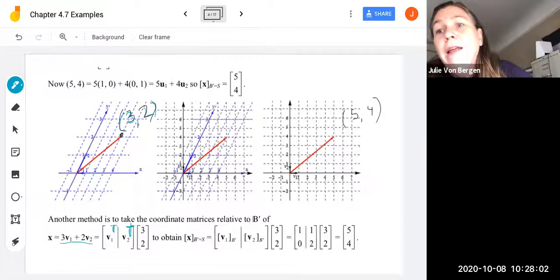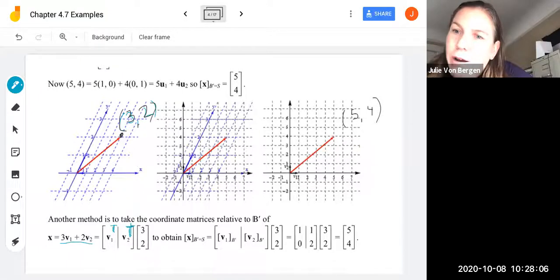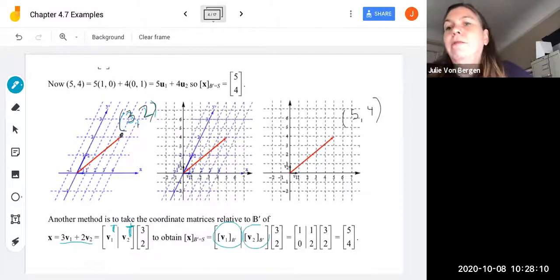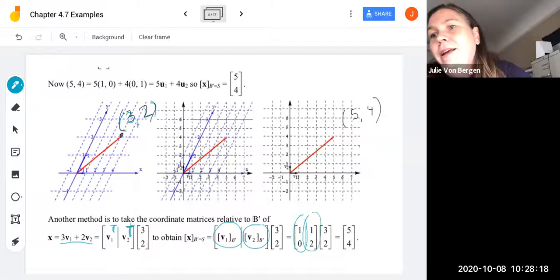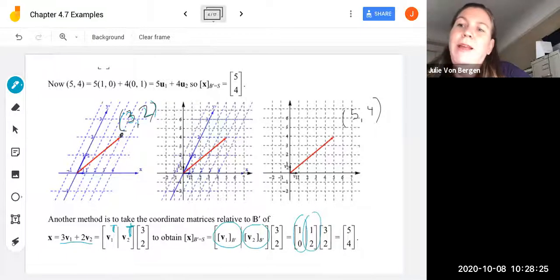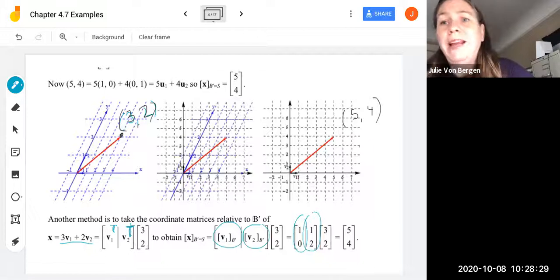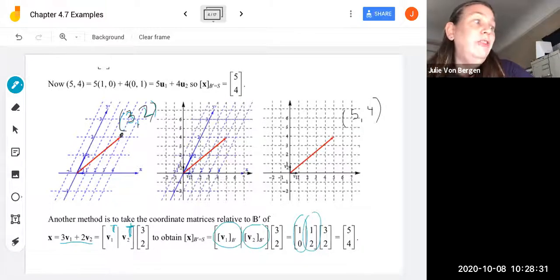And then we do that to obtain the values relative to B prime. So we can put in our V values here, (1, 0) and (1, 2). This is our non-standard basis. And then multiply that by our values (3, 2), and we get out our (5, 4). You can check the multiplication there. So you can see how we're going to be able to use matrix multiplication to find these changes of bases.